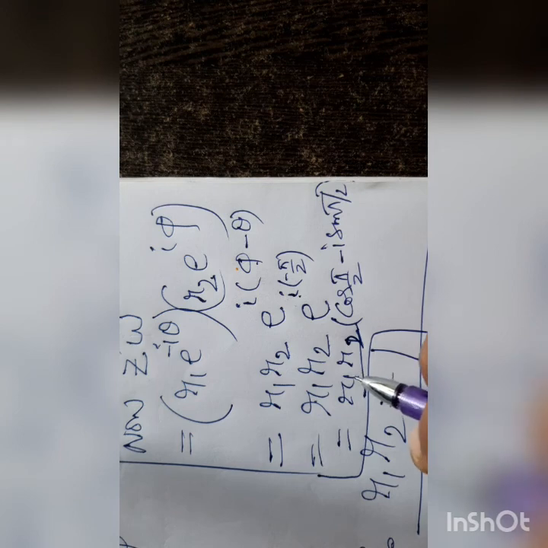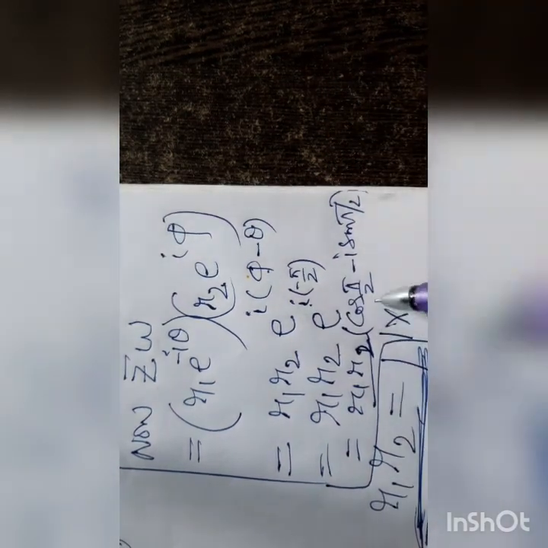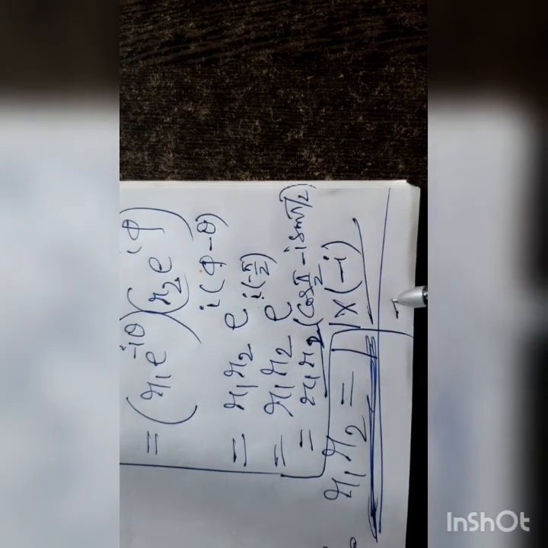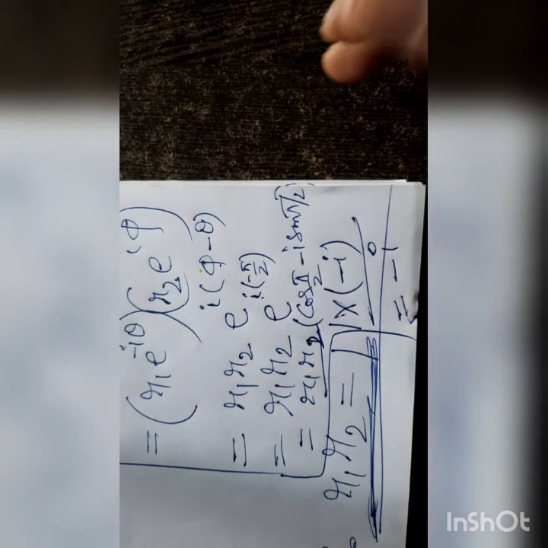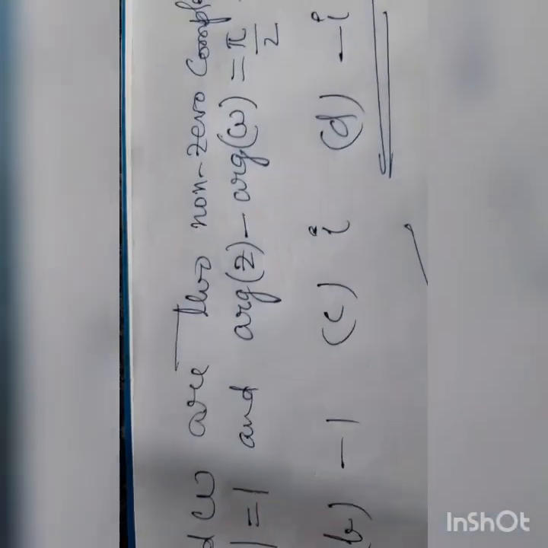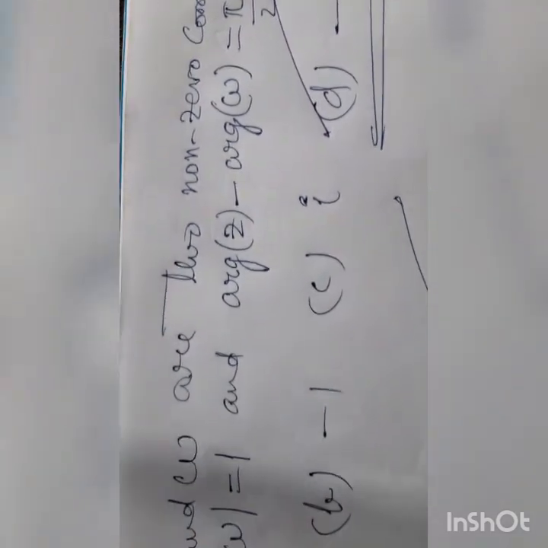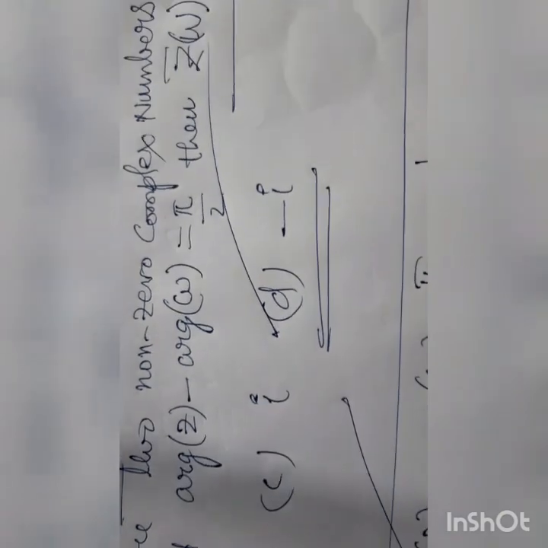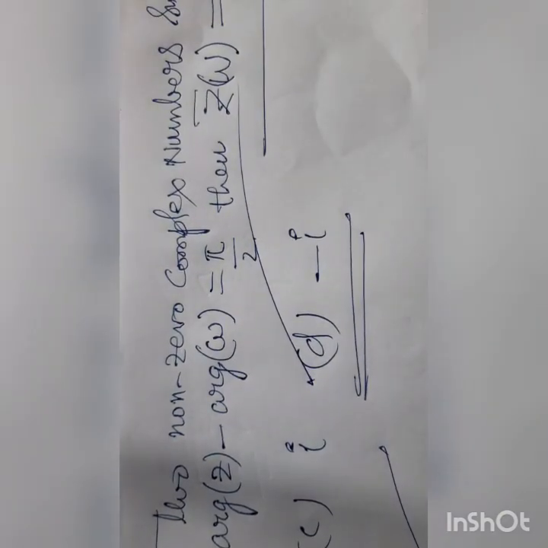We already got it: r1 r2 is 1. So this is 1 times minus i, which is minus i. So the option is D, minus i.